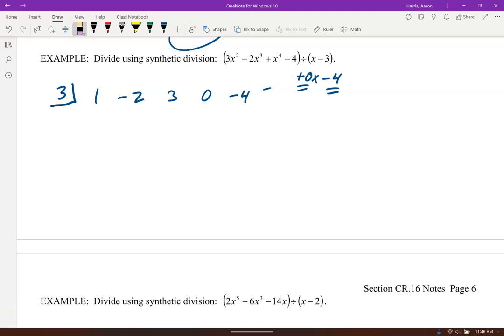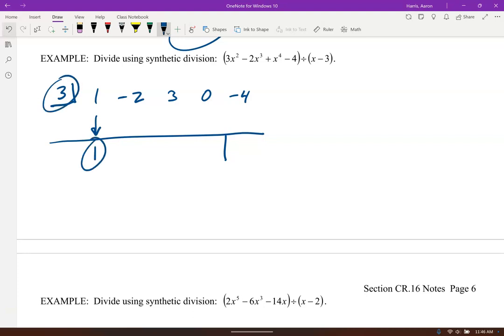And let me get that stuff out of the way. My remainder is going to be in that box there in the bottom right. So the algorithm is you drop the 1 down, then you multiply 1 times 3 gives us 3.